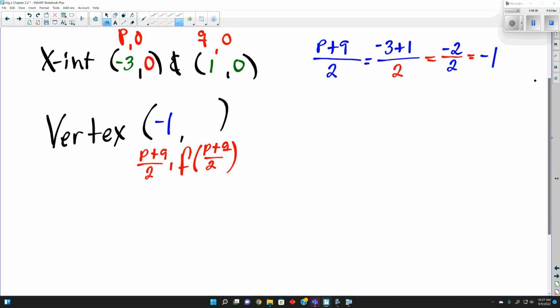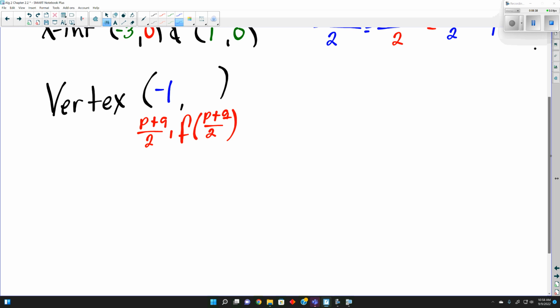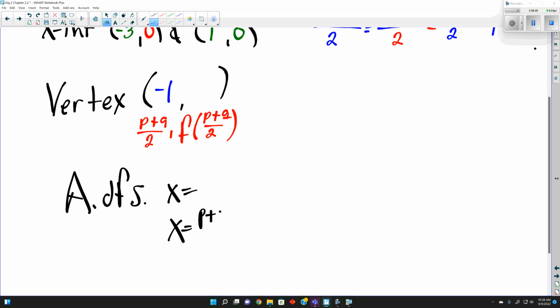Well, what was the axis of symmetry for this here? Axis of symmetry was given to us by the equation x equals. So it said x is equal to p plus q all over 2, yes? Did we find out what that value was? Because the x value of the vertex was our p plus q over 2, yes?